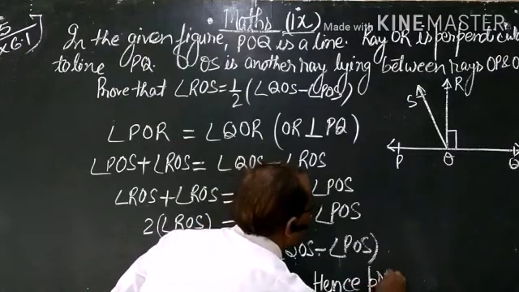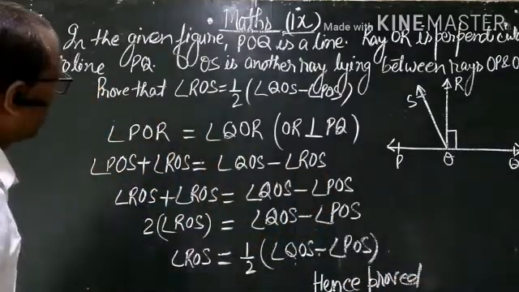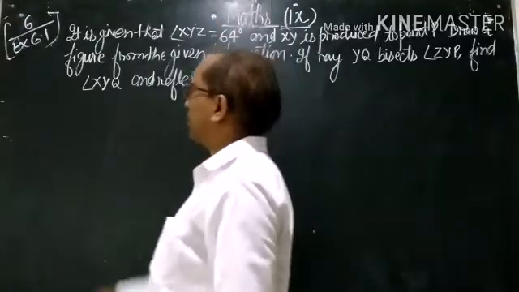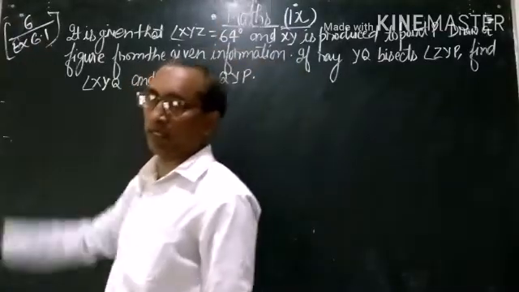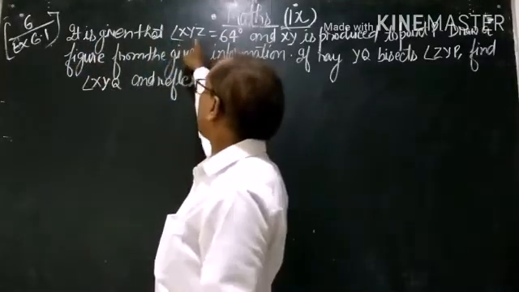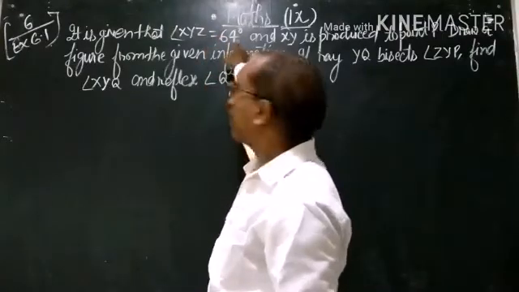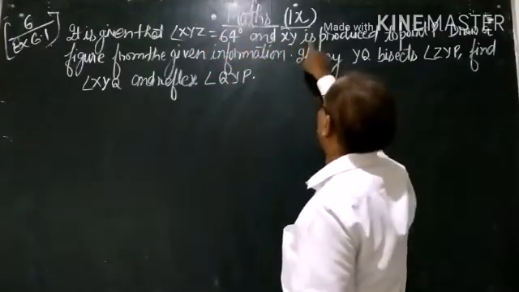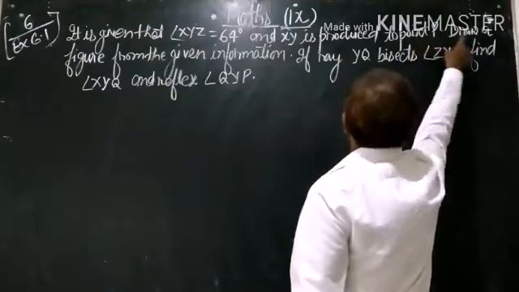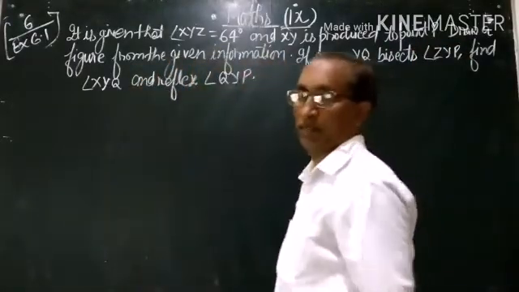This is your solution of question number 6, exercise 6.1. It is given that angle XYZ is equal to 64 degree and XY is produced to point P. Draw a figure from the given information.